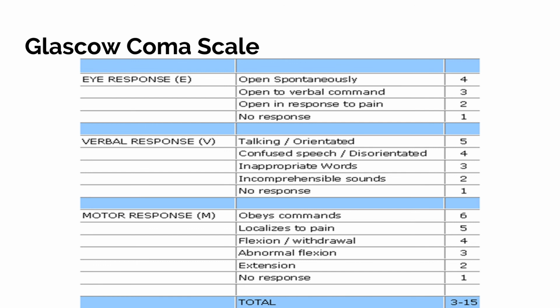They may move their legs and their shoulders depending on where the injury of the brain is. If there's a brainstem injury, it's called decerebrate posturing. Decerebrate, D-E-C-E-R-E-B-R-A-T-E, decerebrate posturing. That's not good to have.